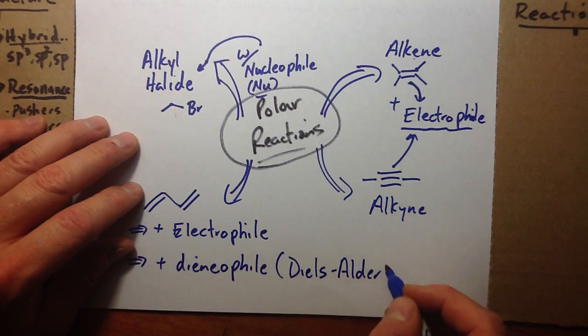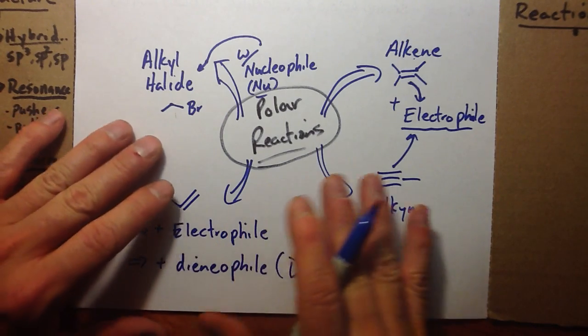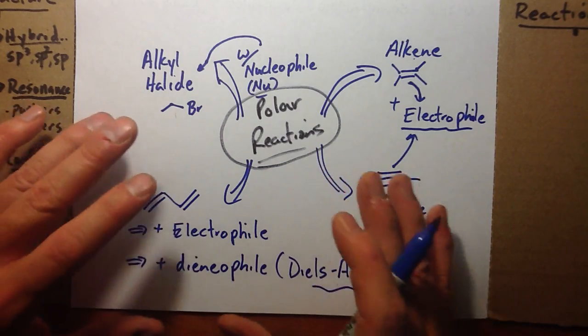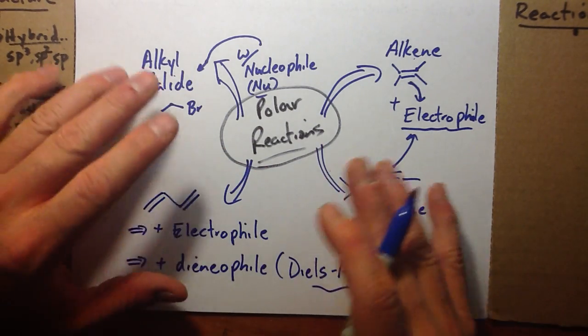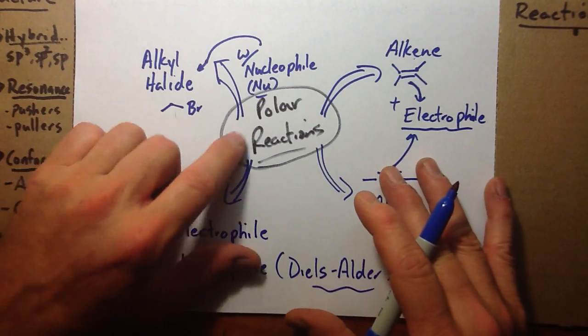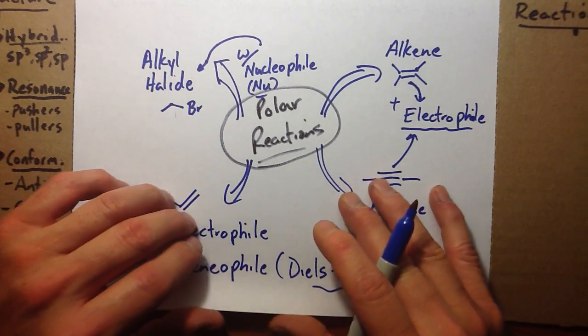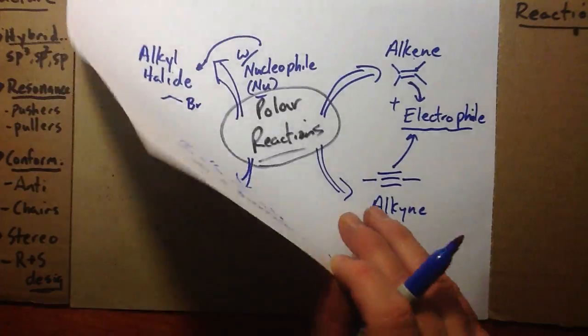It's a special type of reaction. It really doesn't fit underneath just the rules for polar reactions. A lot of what we'll be discussing, though, do fit under the rules for polar reactions. So what are those rules for polar reactions?